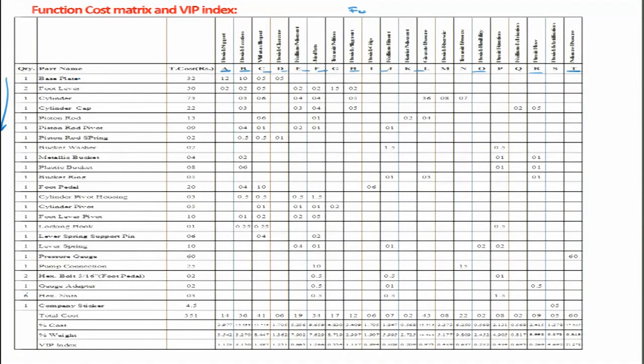Okay, these are actually functions, these are components. The cost of the components, we know the total cost of the component for the base plate is rupees 32.